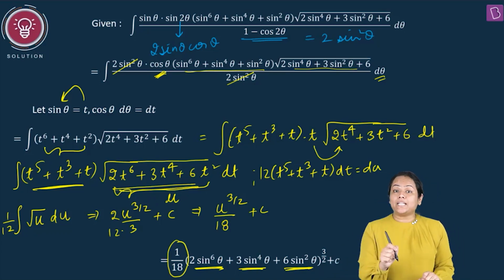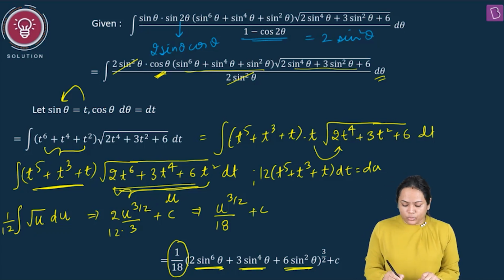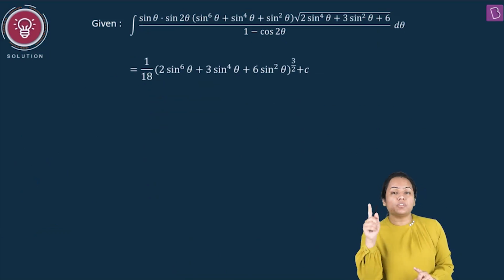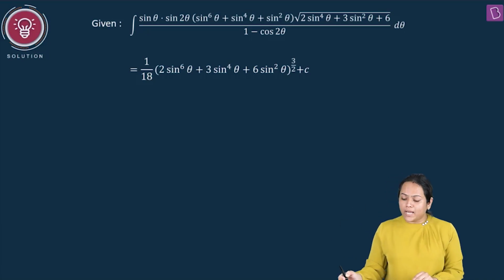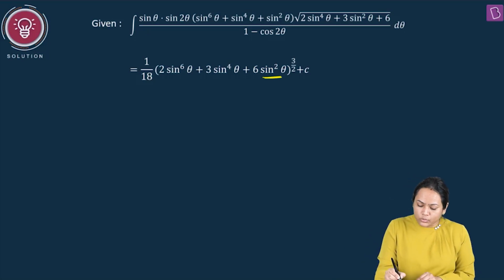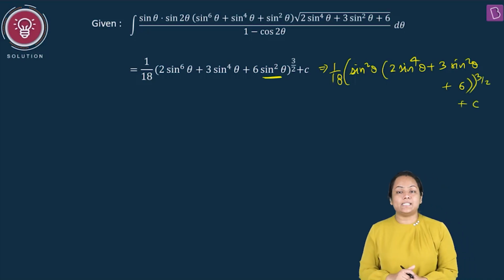Clear? But they haven't given any option which has this term. That means I have to convert this integral in terms of cos theta, because they have given some options in terms of cos theta also. Now, how can I do that? Well, you know that I can take sine square theta common from this. So when I do that, it's going to become 1 by 18, and I'll have sine square theta multiplied by 2 sine theta raised to 4 plus 3 sine square theta plus 6, whole raised to 3 by 2, and then plus c also.